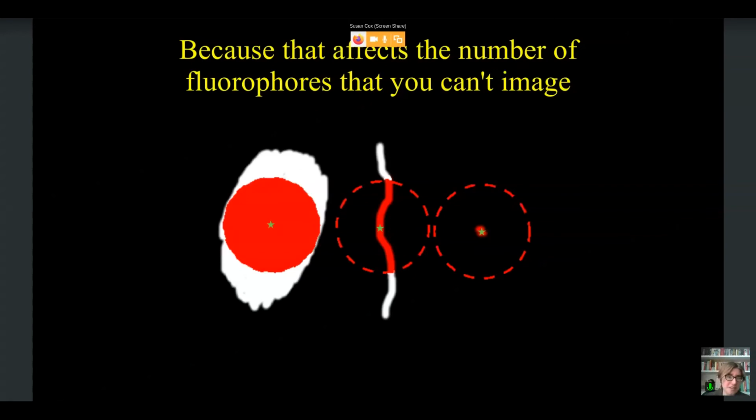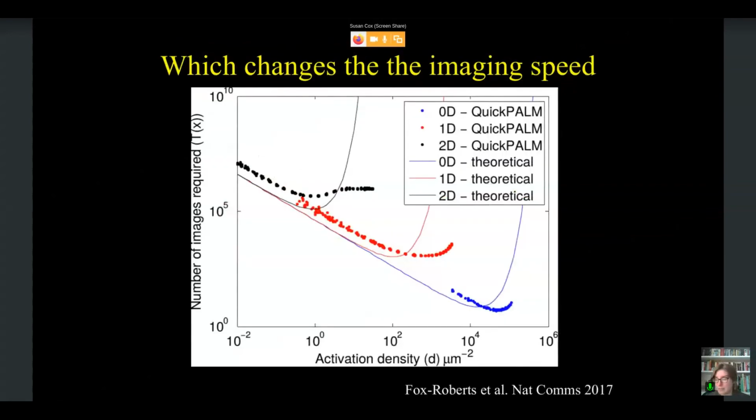So we decided to see if we could reproduce this, and we found that you could change the imaging speed. You could quantify how that would change the imaging speed. I'm showing the activation density on the bottom axis and the number of images that would be required to attain a given resolution on the y-axis.